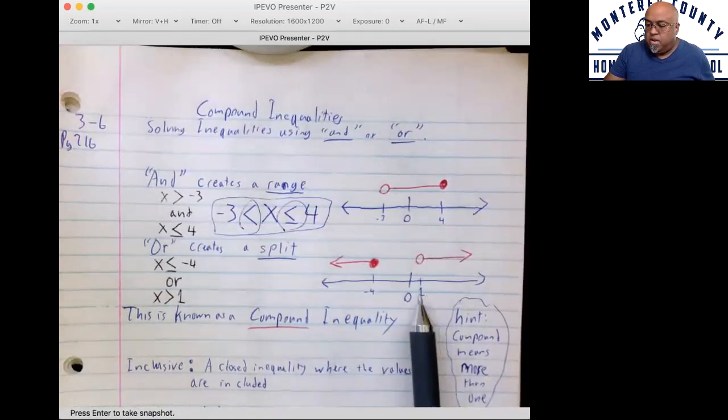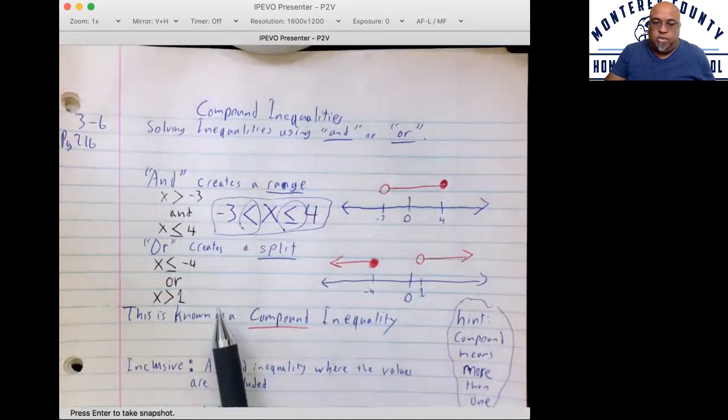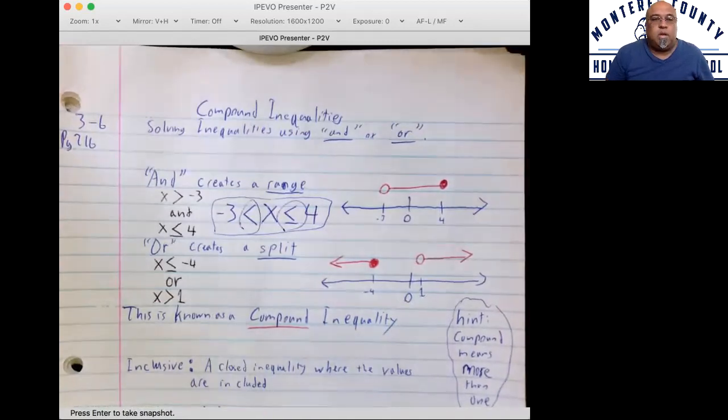But it cannot be between 1 and -4 because that would not be truthful with the statement. Now, with an or statement, it's somewhat difficult to come up with a real life situation where that would work. I'm sure there's probably an example or two in the book that you can look at that'll explain it, like this or that could happen, but to save time, I'm just going to go ahead and continue.